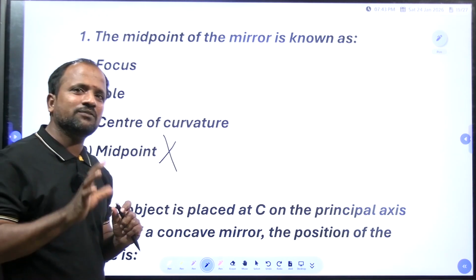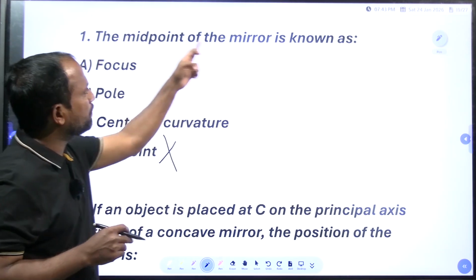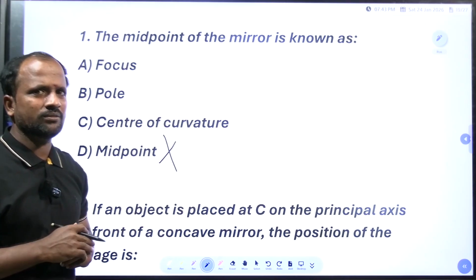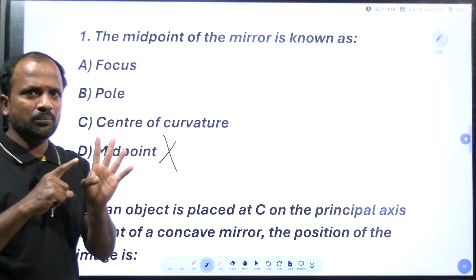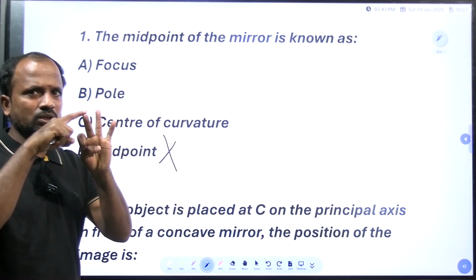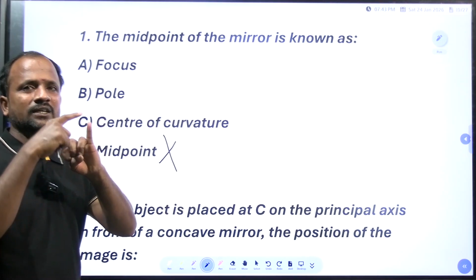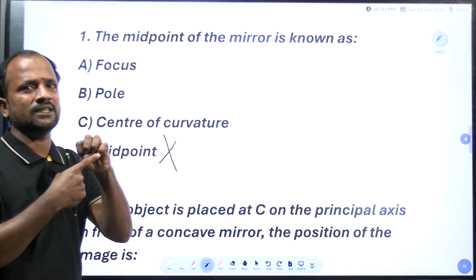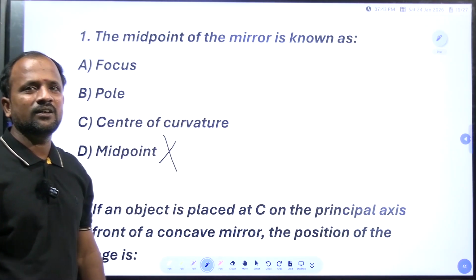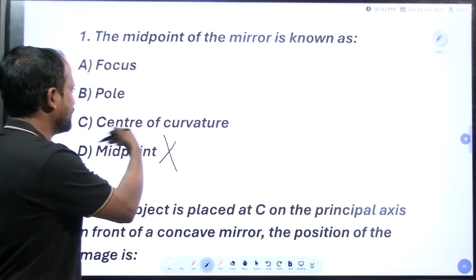In the discussion of reflection of light, we discussed pole, focal length, focus, radius, center of curvature, principal axis, curved surface, spherical mirror, but never a midpoint. So it is meaningless.